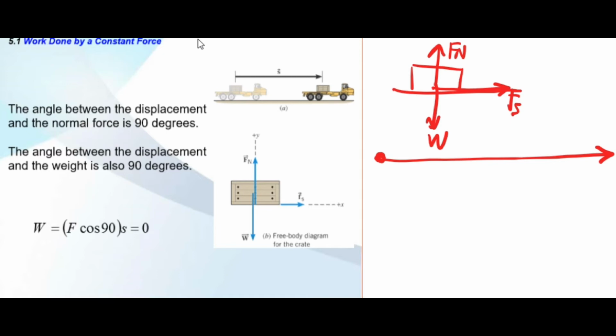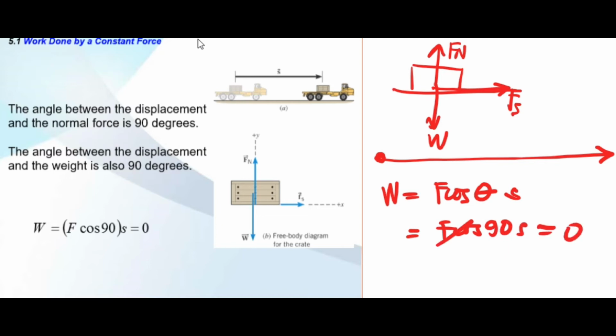If we compute for the work done of these two forces, work will be F cosine theta times the displacement. Now, F cosine 90 degrees times S will just be equal to 0 because cosine 90 is 0.